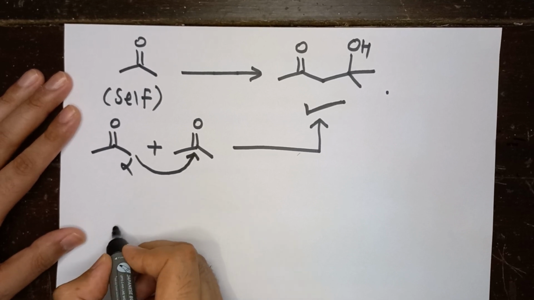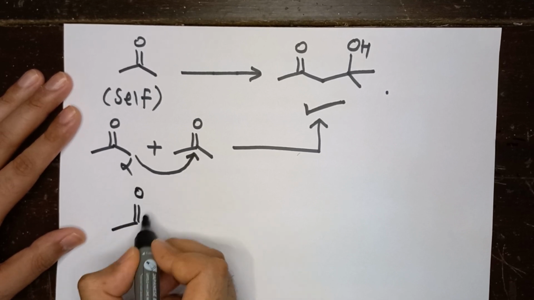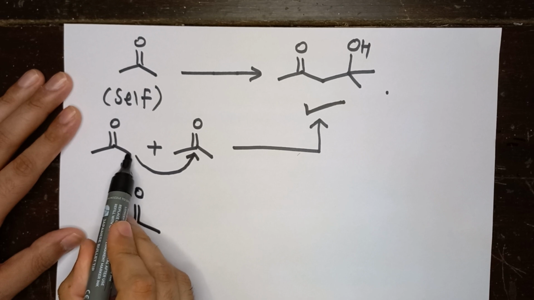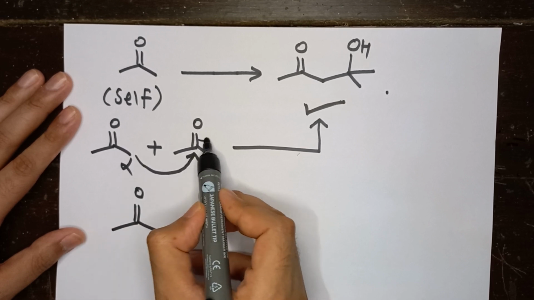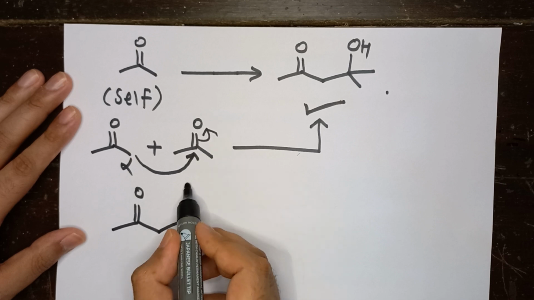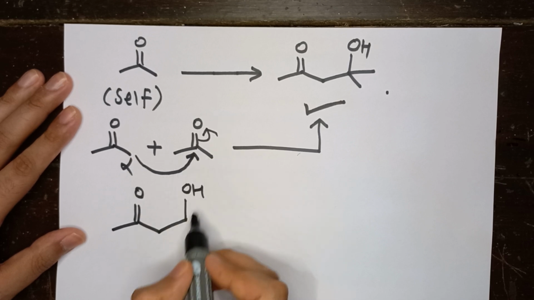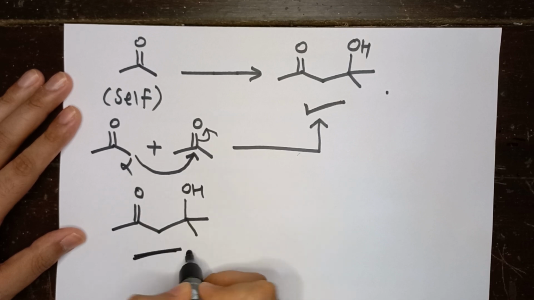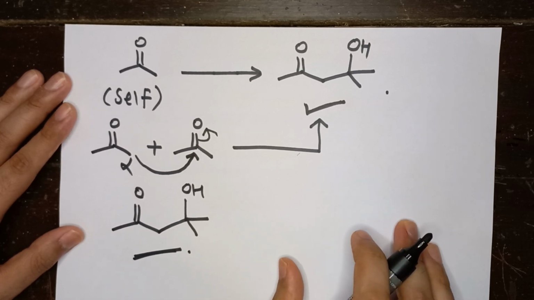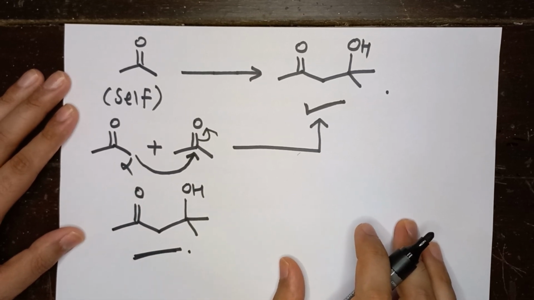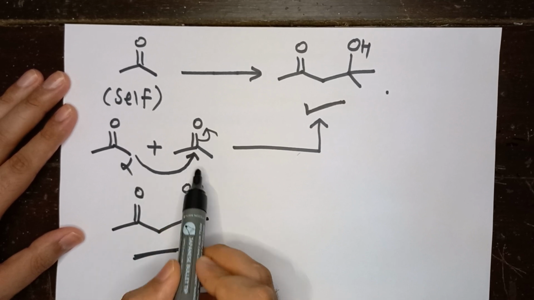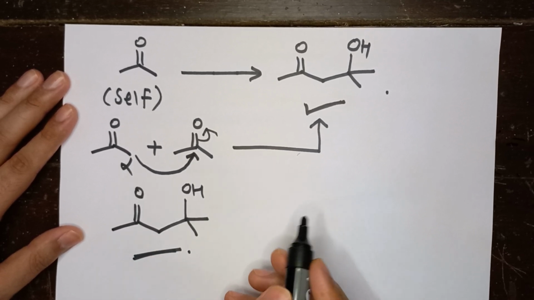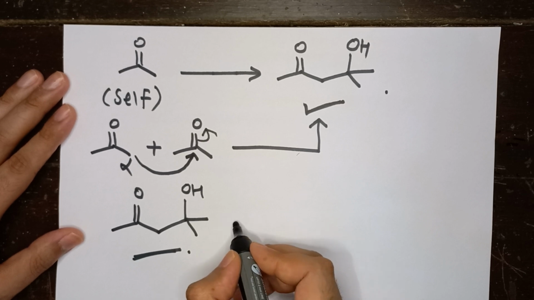So let's connect them. I'm connecting my alpha carbon to this carbon, that is a carbonyl carbon, and you have to convert it into OH. And this carbon also contains 2 methyl groups. And guess what? We got the product. So that's all you have to do. Connect your alpha carbon to the carbonyl carbon and make it OH. That's it. So this is an aldol addition product.